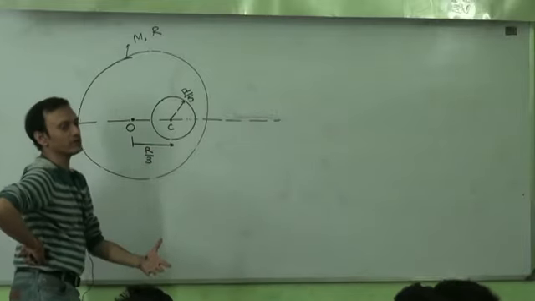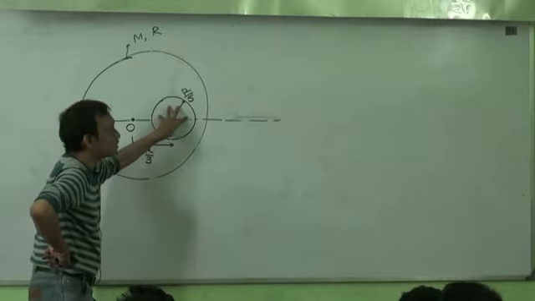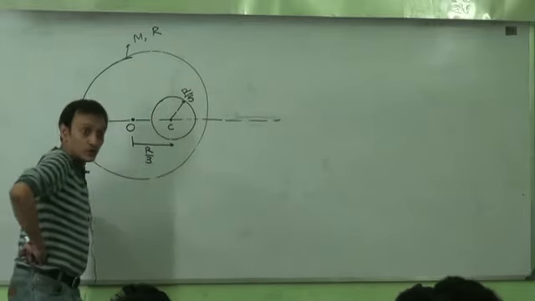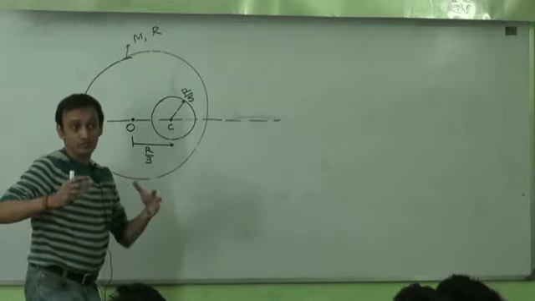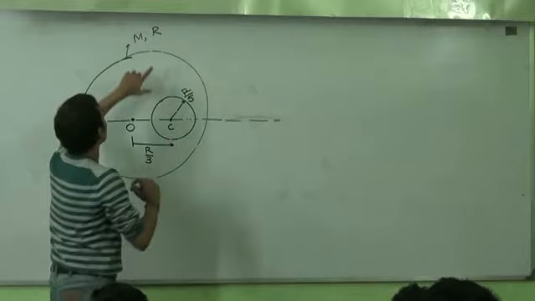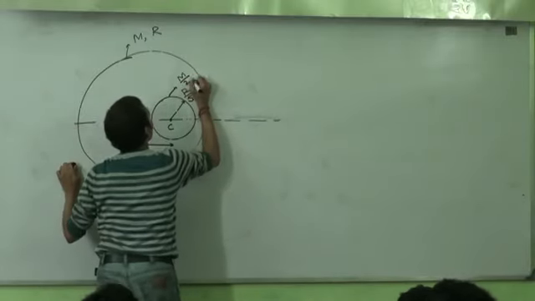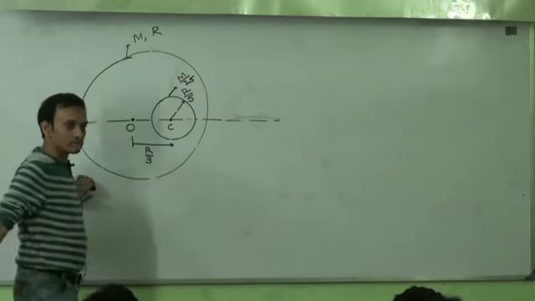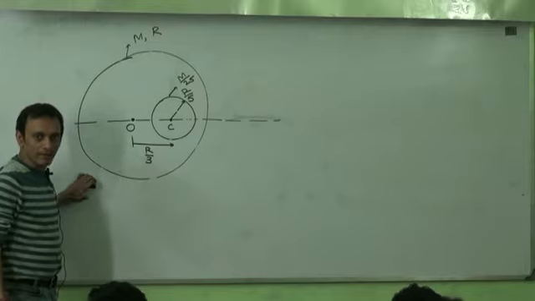M by 25, right? Because the mass will be proportional to the area. This is pi r squared by 25, and the whole thing is pi r squared. So, if the mass of this is M, the mass of the removed part is M by 25.